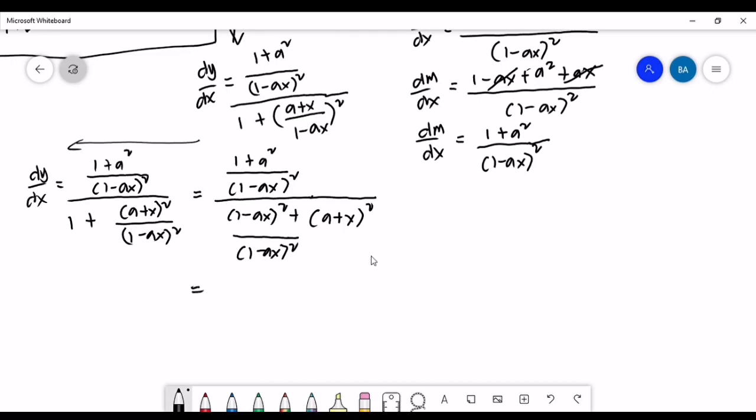So we could cancel out this one, and the remaining is 1 plus a squared over (1 minus ax) squared plus (a plus x) squared. Okay, so let's solve this one.